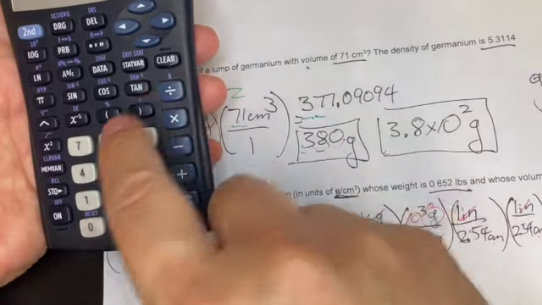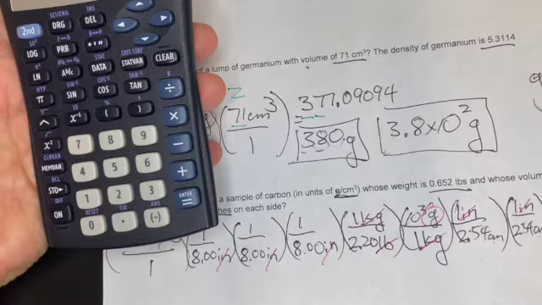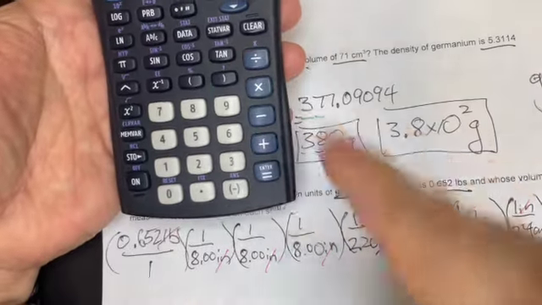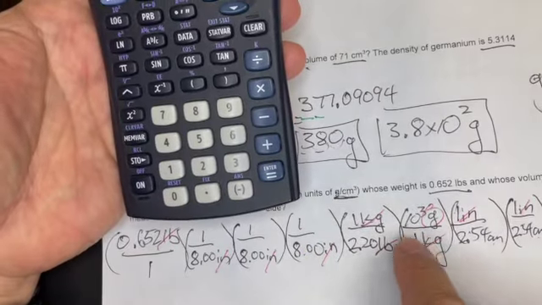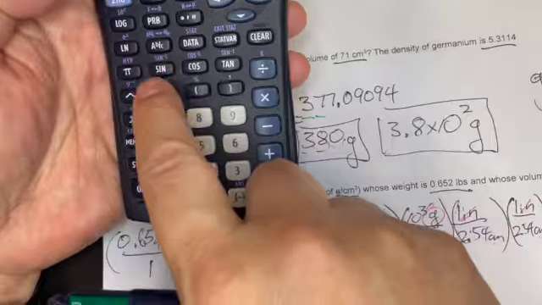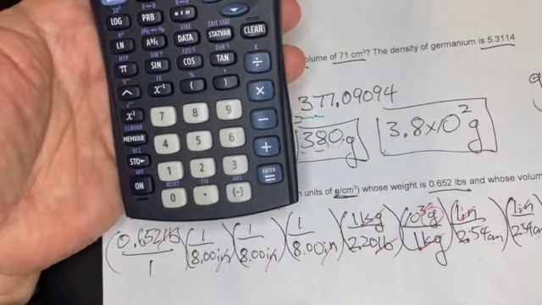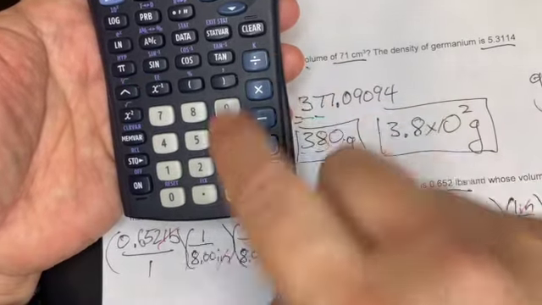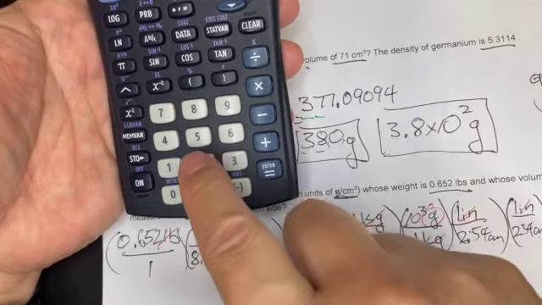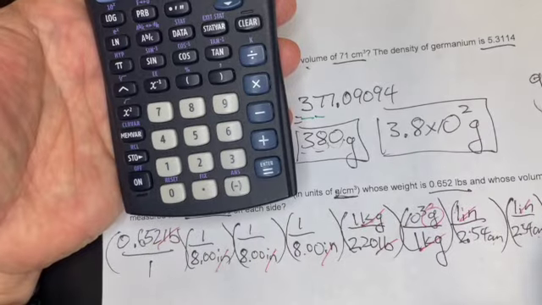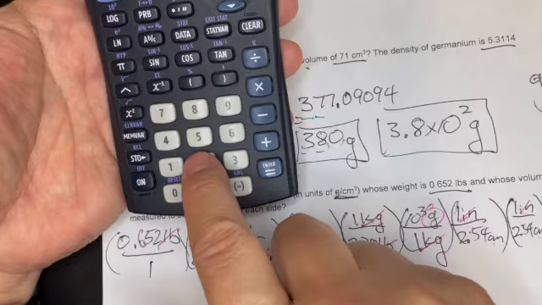This is on the bottom, divided by 8.00. This is on the bottom, divided by 2.20. This is on top, times second EE to the third power. This is on the bottom, divided by 2.54. This is on the bottom, divided by 2.54. And again, if it's on the bottom, you push divided before it.